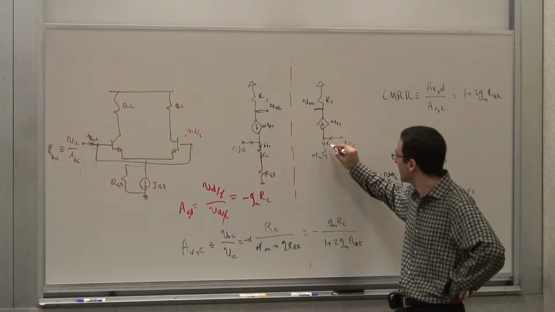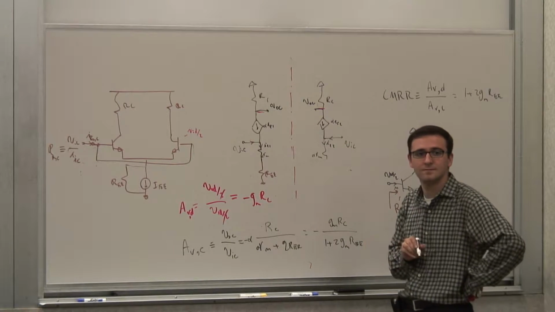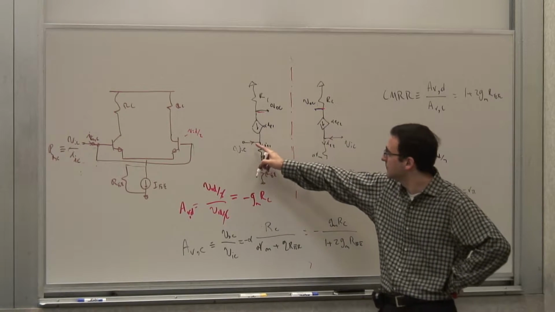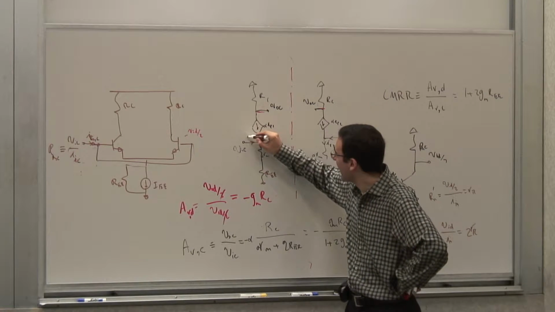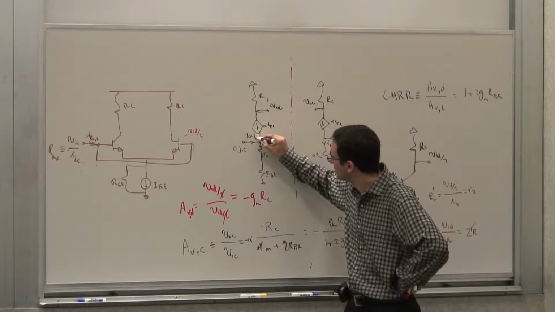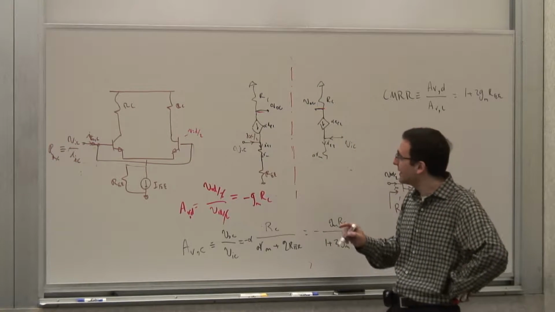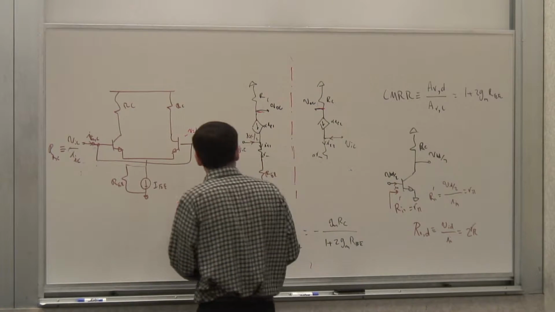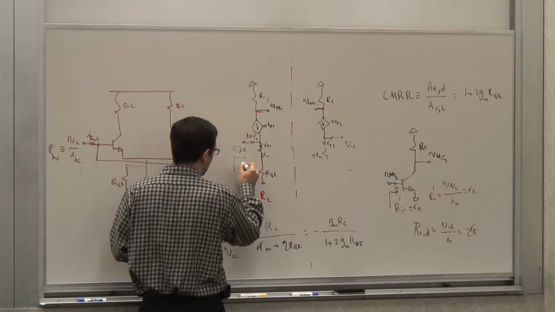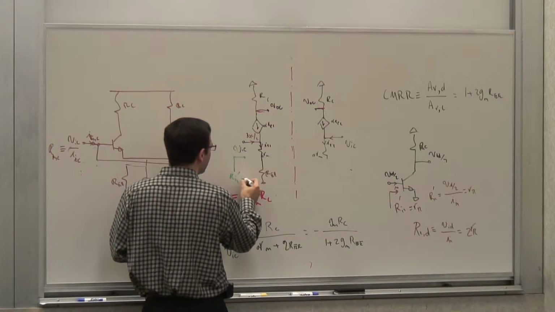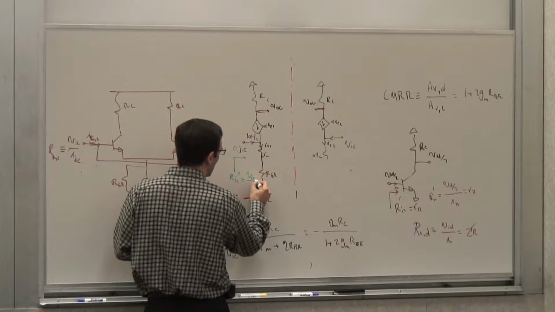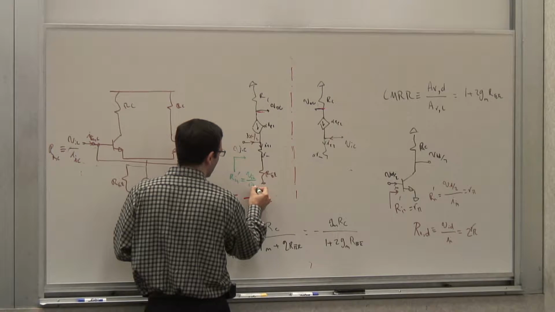Remember, I have another one exactly like that on this side. So what is this current? Yes, half of IIC. So when I calculate the input impedance of this equivalent half circuit, this R prime, it is really the ratio of VIC over half IIC.